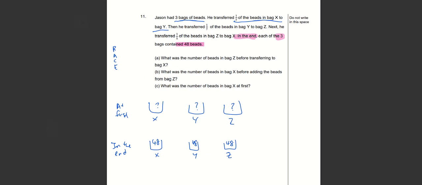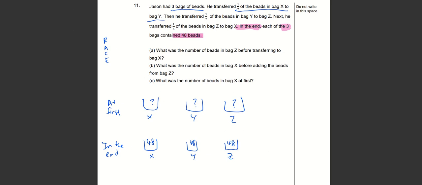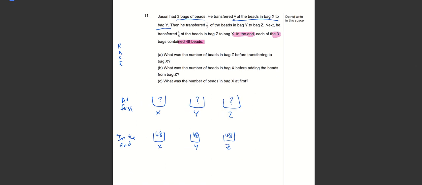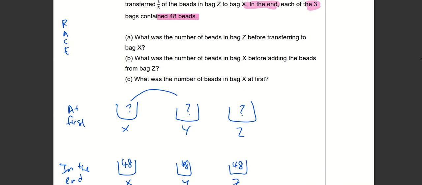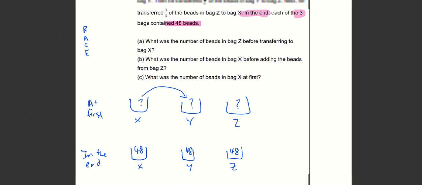Okay? Now, because fractions give me stress, I don't look at the fraction, I look at the movement first. So first thing, X goes to Y. That was the first step.